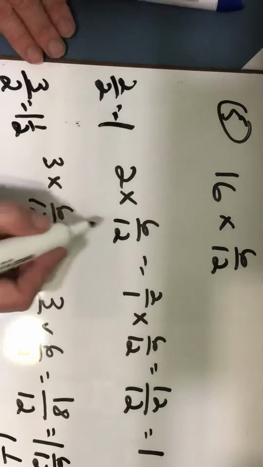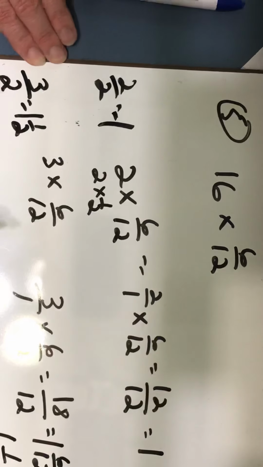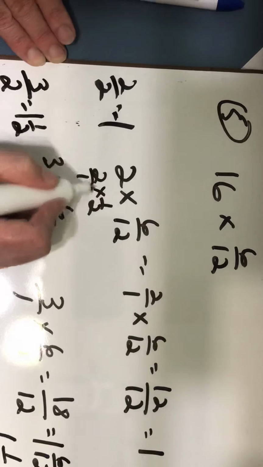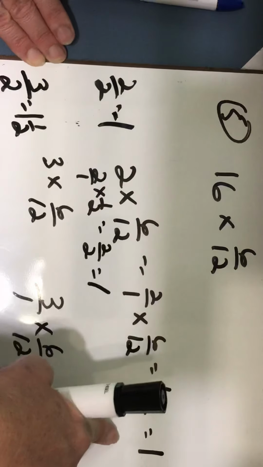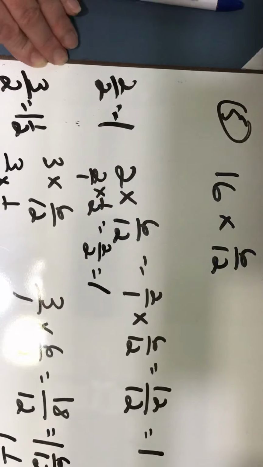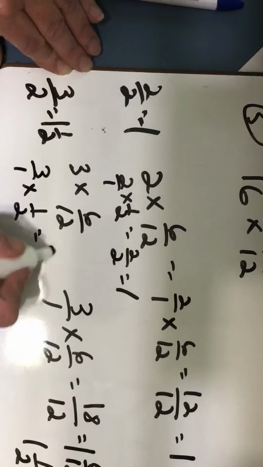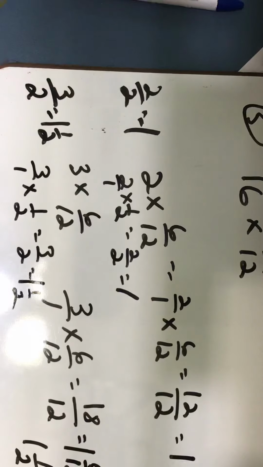So I could say, instead of 2 times 6/12, I could say 2 times 1/2, which would be 2 over 1 times 1/2, which equals 2/2, which equals 1, which is exactly what I got. Or 3 over 1 times 1/2, which would equal 3/2, which equals 1 and 1/2, which is exactly what I got.